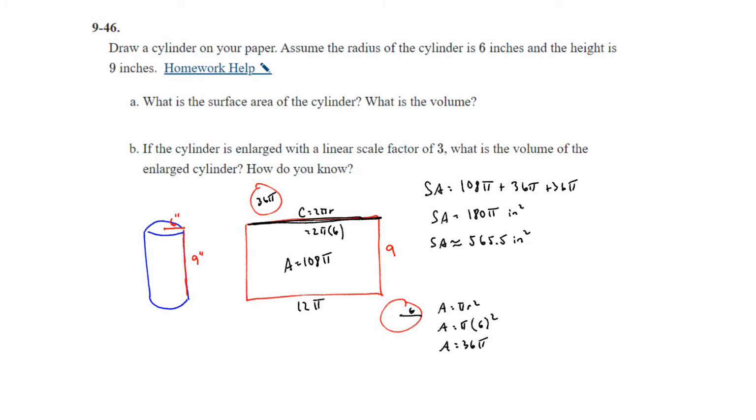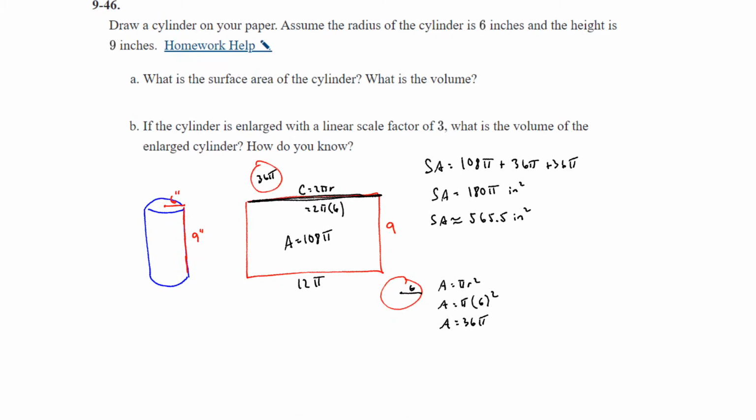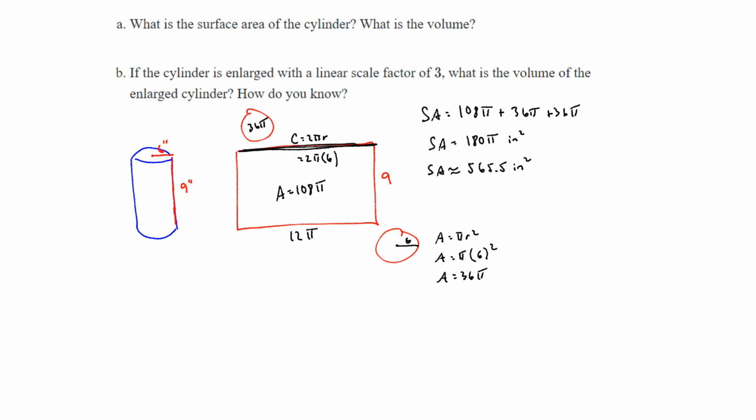All right, next part is the volume. So let me move this up a little bit here. So for the volume, this is still part A. For the volume, we need to figure out what the area of this bottom piece is, which we already did, and that's 36 pi. So we need the 36 pi, and then how many levels it has, which is 9.